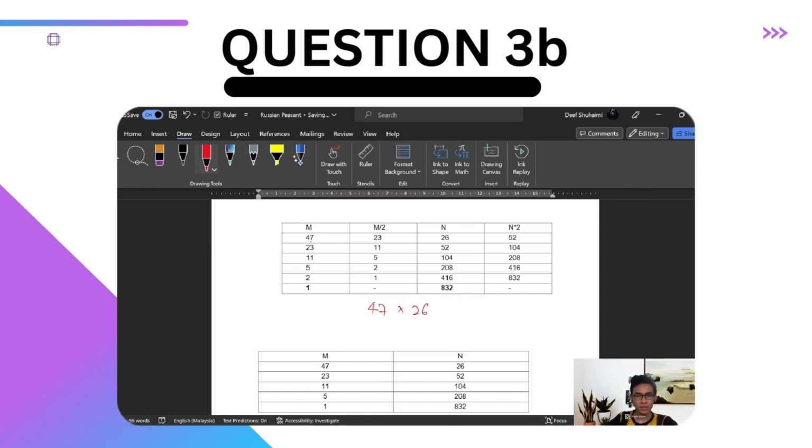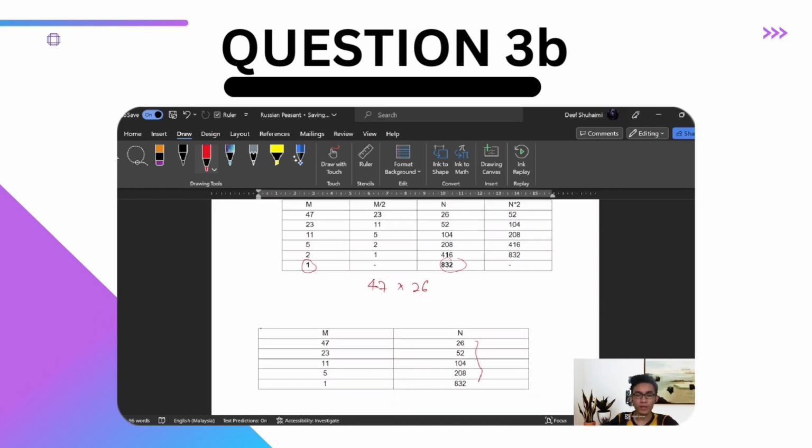You see that the halving process keeps going until the m value corresponds to 1, and the doubling process will stop there. After that, we need to find the odd numbers, and we sum all the n values that correspond to the m values which are odd. Okay, still the same result, which is 1222.